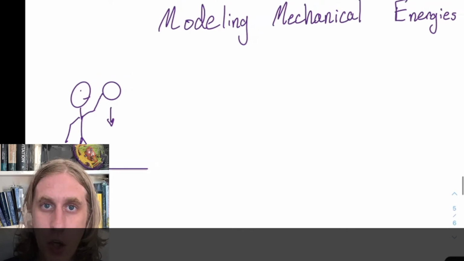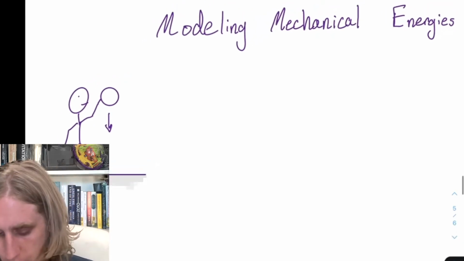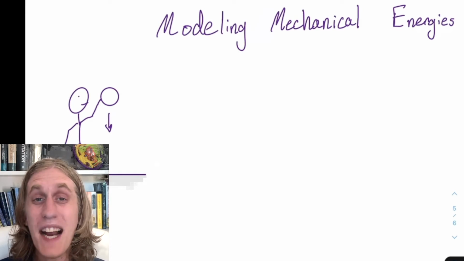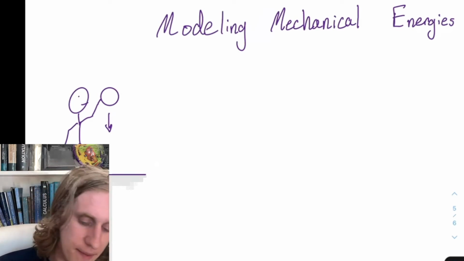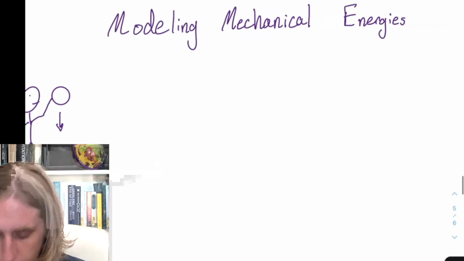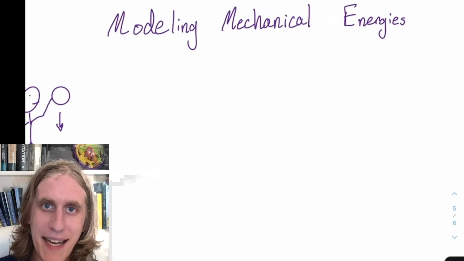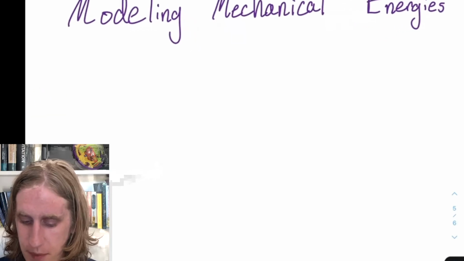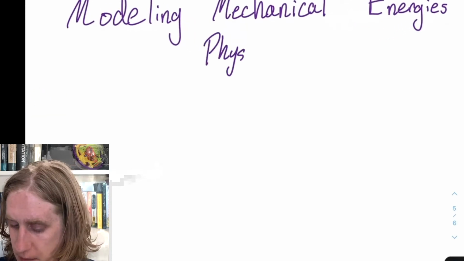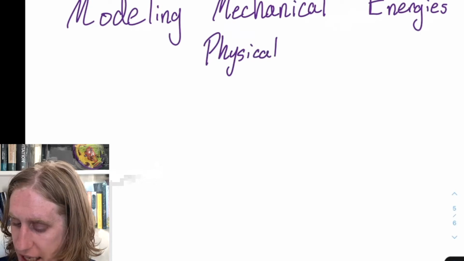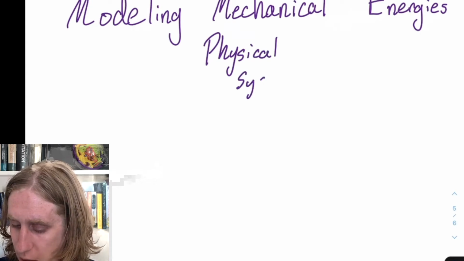Let's really quick draw an energy interaction diagram for this. We've identified two kinds of energy that matter, the gravitational potential energy and the kinetic energy. But let's start by writing out what our physical system is. Now, you might be tempted to say your physical system is just the ball. It's the only thing that we care about.